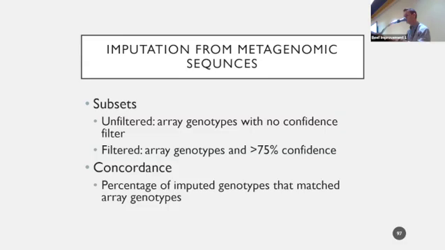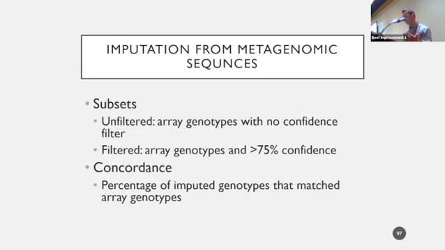But what I'll take you through is that he looked at concordance after having imputed host sequence from the metagenomic sequencing event from those ocular swabs. We're looking at the ocular microbiome. And we had those animals already array genotyped, so we used the array genotypes as the truth. There's some flaw in that, but that's what we did.